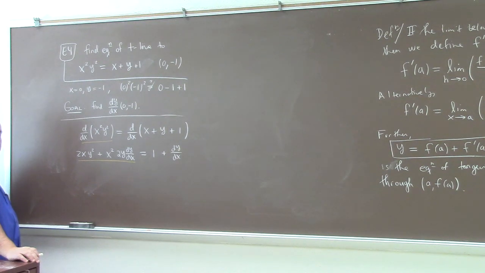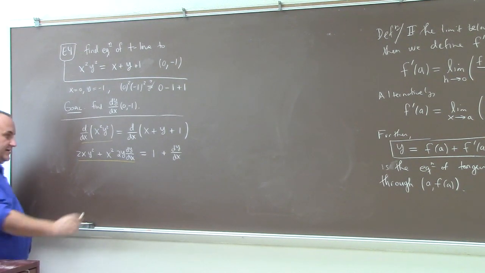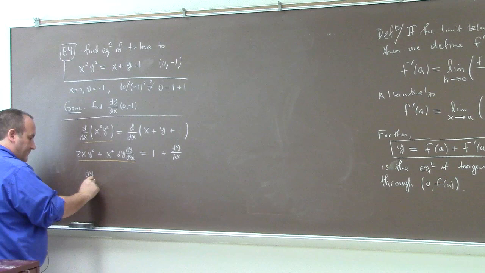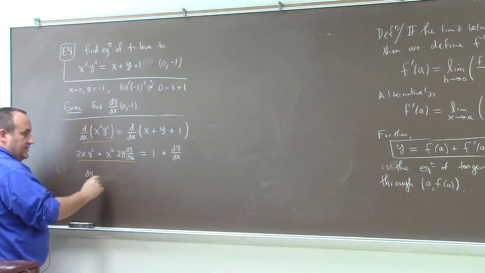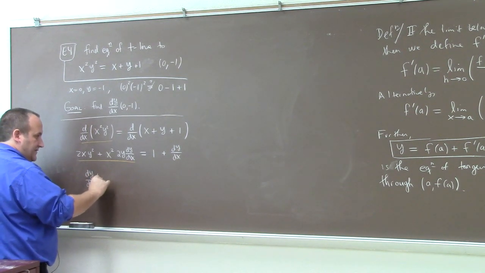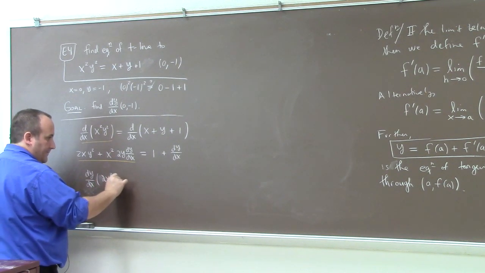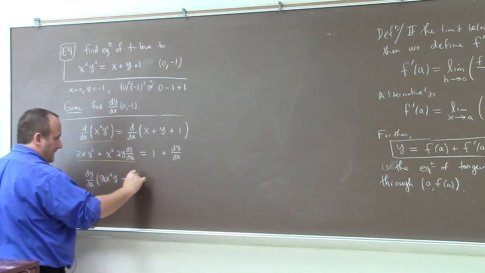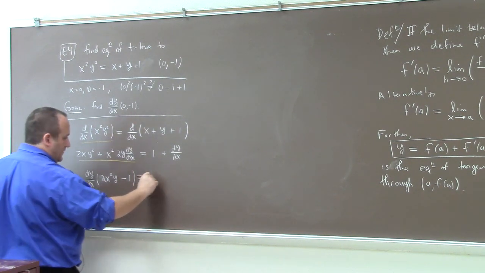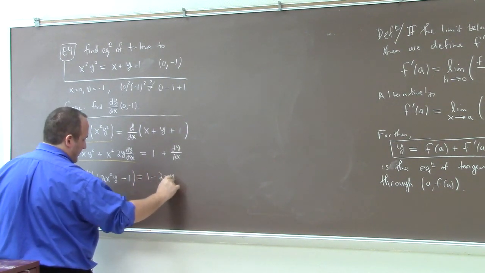So then we do what? We solve for dy/dx, right? dy/dx times what? Times 2x squared y minus 1 is equal to 1 minus 2xy squared.